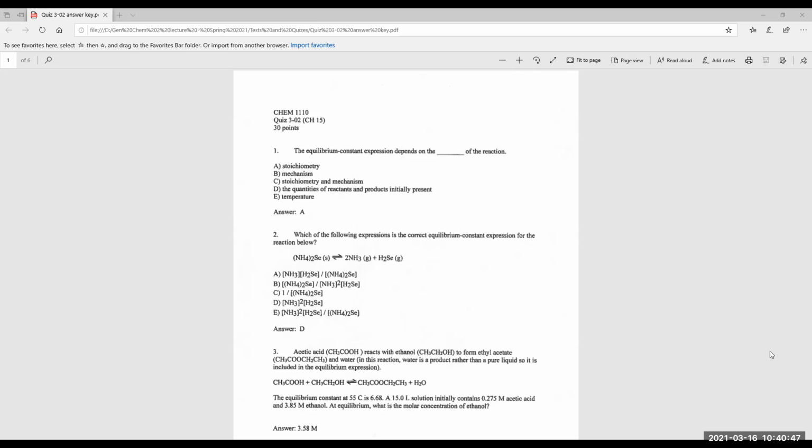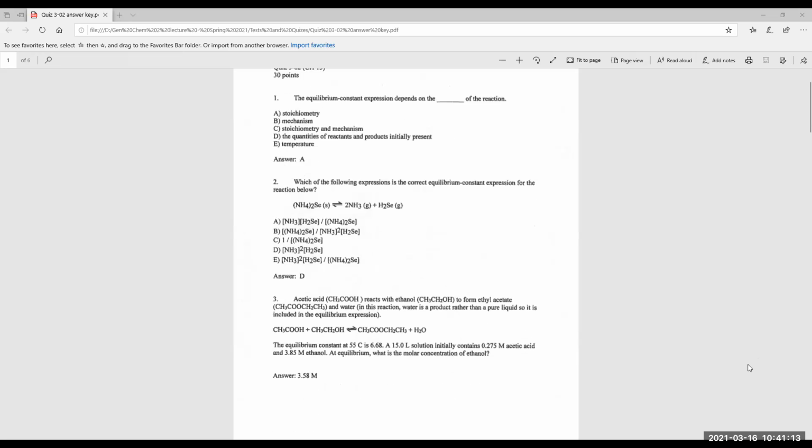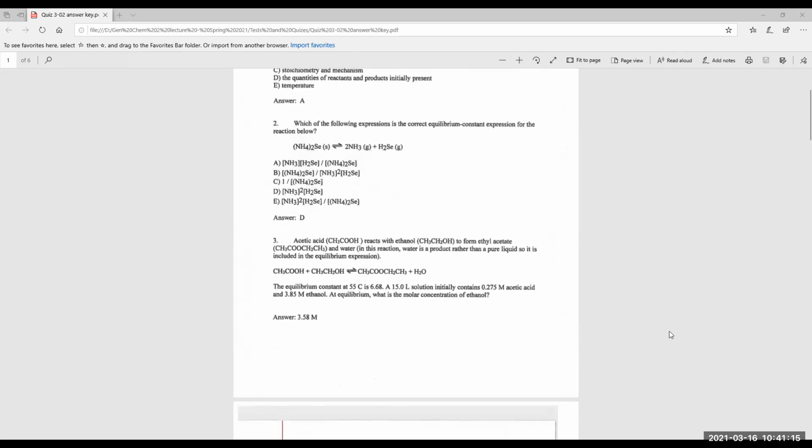We're given the reaction below, and we're also given that the equilibrium constant is 6.68, and that a 15 liter solution initially contains 0.275 molar acetic acid and 3.85 molar ethanol. We wanted to know the equilibrium concentration of ethanol. The answer is 3.58 molar, but how do we get there?